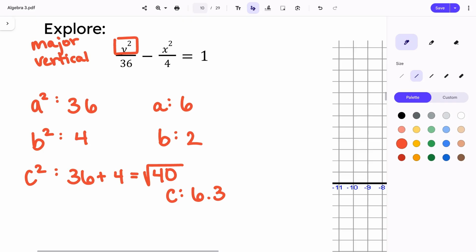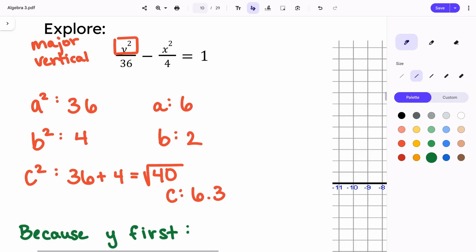Okay, now let's talk about the asymptotes while we're here. This time, because the Y is first, from the previous page, we wrote this down on those graphs. So if you don't remember, you can always look back.